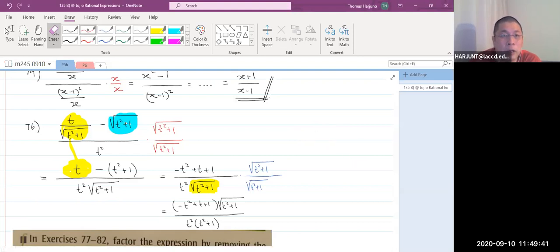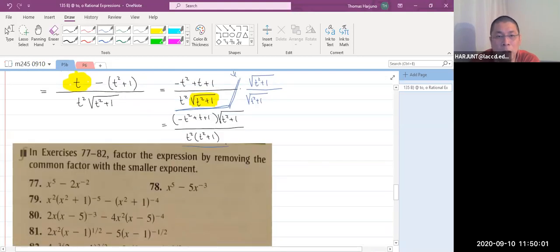Now the thing is, I somehow think that your textbook very likely says this can be your final answer. But for me, I will say this is where you're supposed to start.